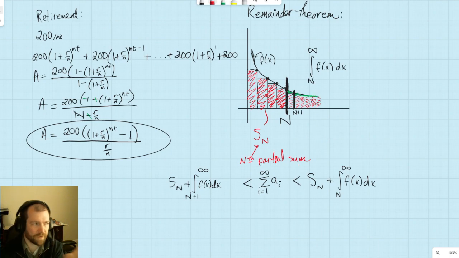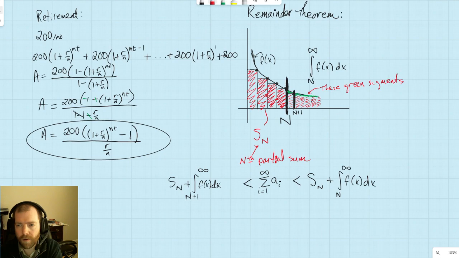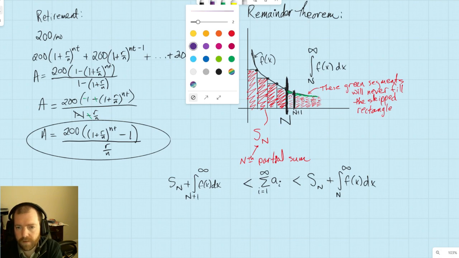But as we go further out, these green pieces will never fill the skipped rectangle, which do in violet.